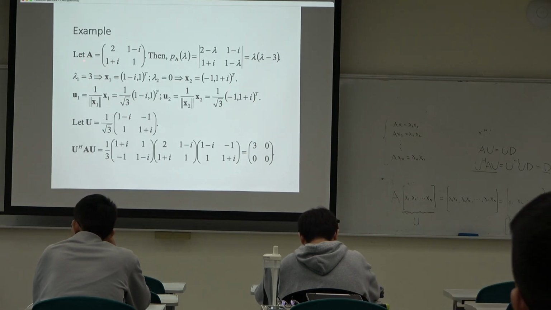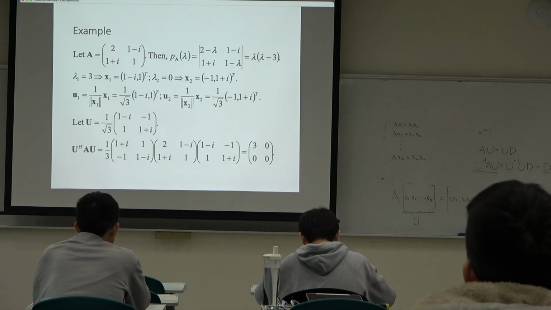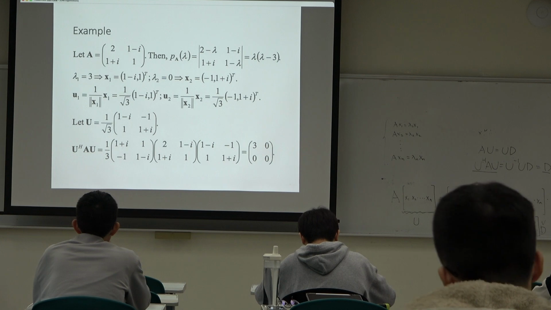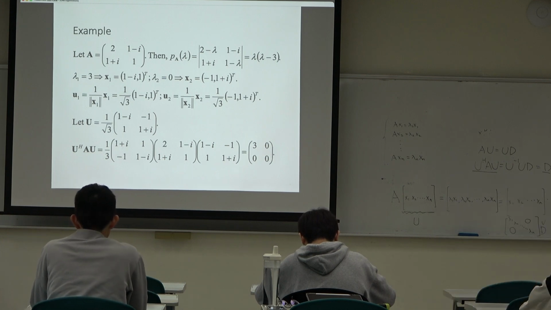And here we have an example. A is like this. Take a closer look. This A is obviously a complex matrix, and A has to be Hermitian, by the way.